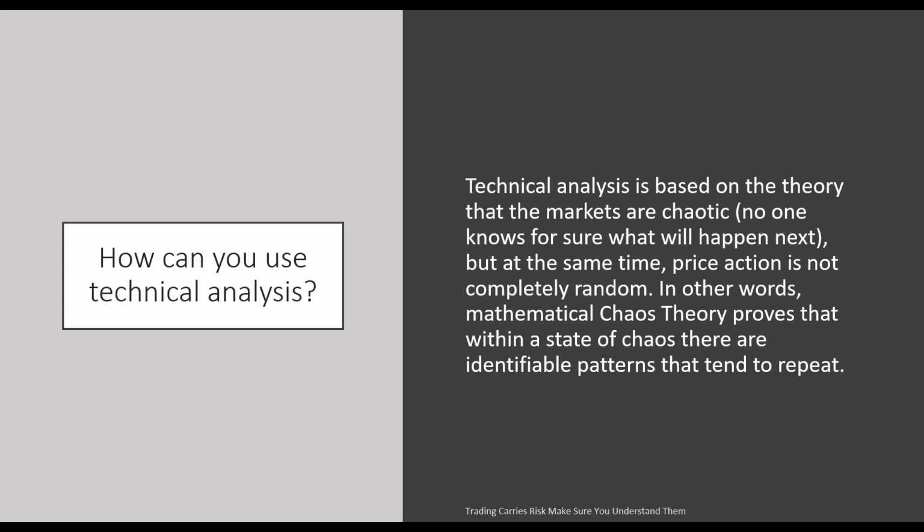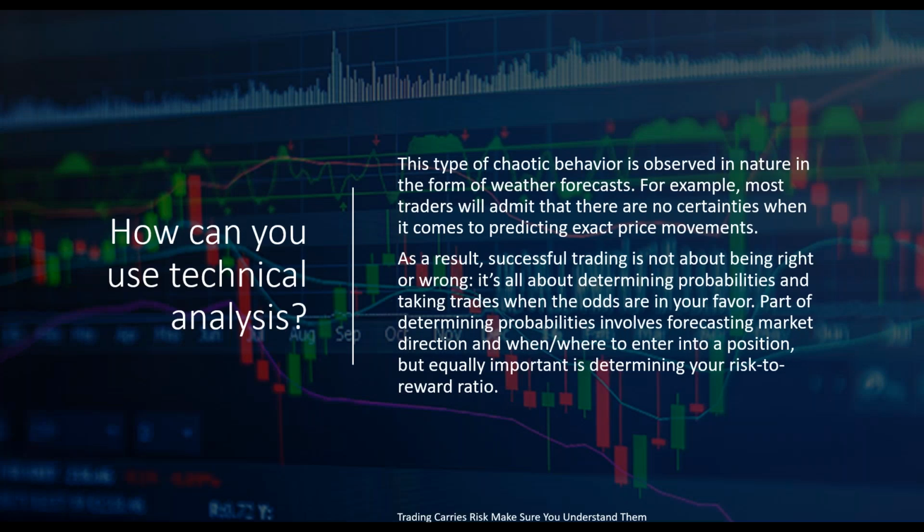Now, technical analysis is based on the theory that the markets are chaotic. But at the same time, price action is not completely random. In other words, mathematical chaos theory proves that within a state of chaos, there are identifiable patterns that tend to repeat. This type of chaotic behavior is observed in nature in the form of weather forecasts.